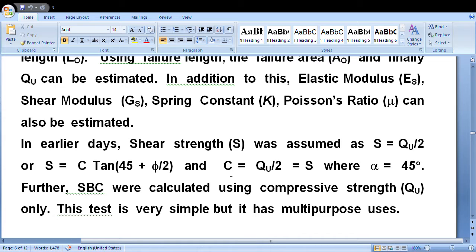Since failure is at 45 plus phi by 2, C equals half the compressive strength, which is equal to S, where alpha, this failure angle, shall be 45. Further, SBC was also earlier calculated from compressive strength only. This test is very simple, but it has multi-purpose uses.